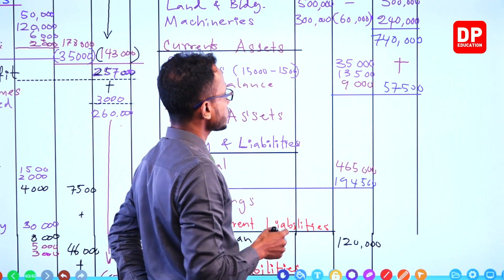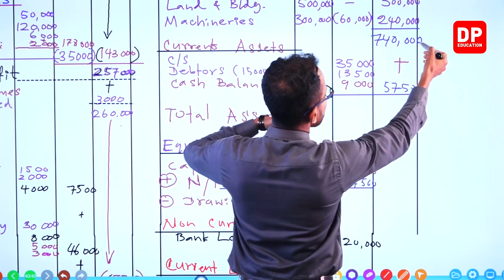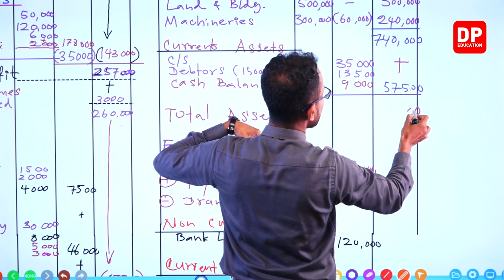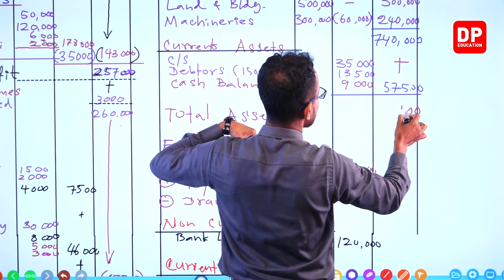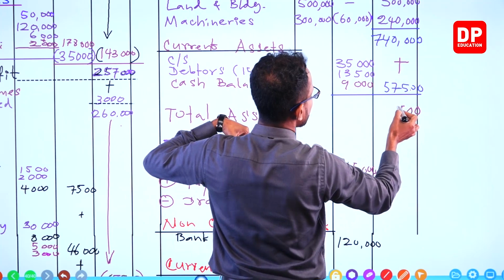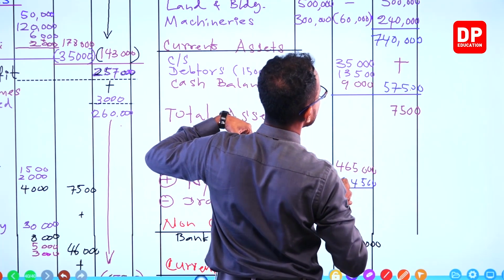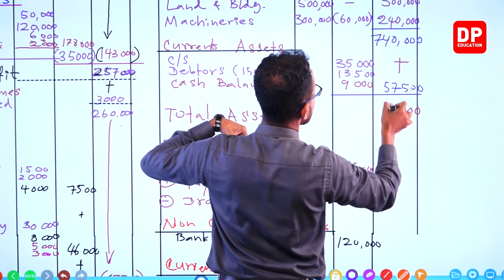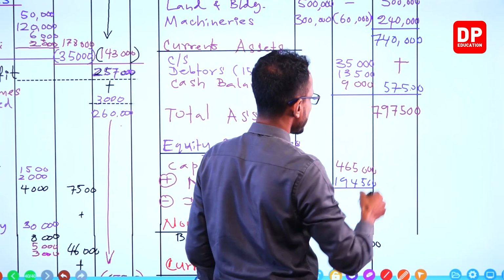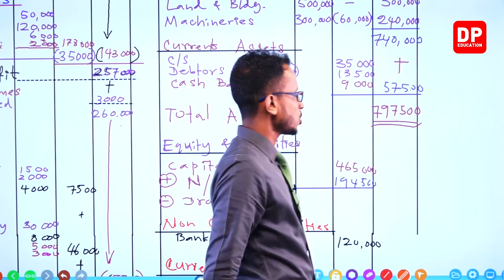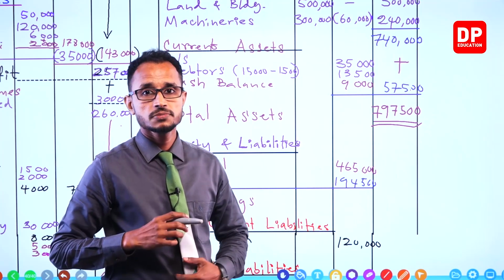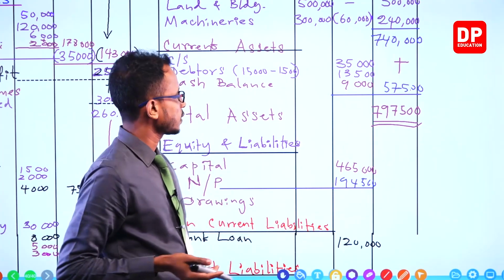Total assets becomes how much? 0, 0, 0, 0, 0, 0, 0 plus 5, 5, 0 plus 7, 7, 9, 797,500. That is the total assets for you. 797,500 total assets. Got it?